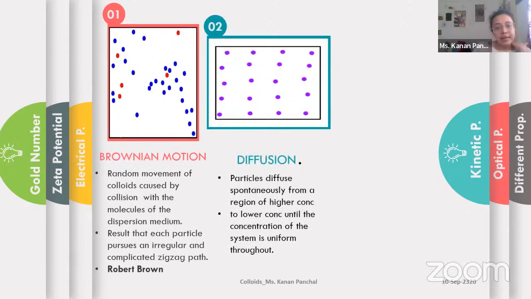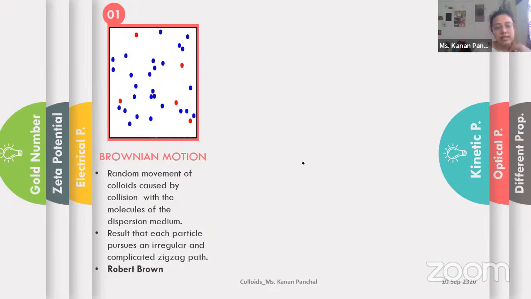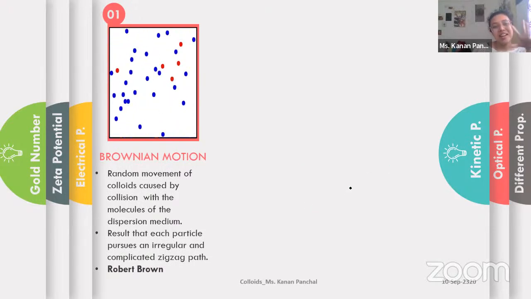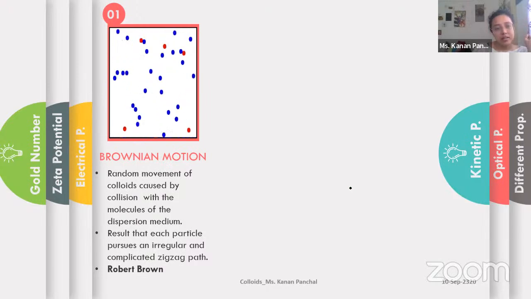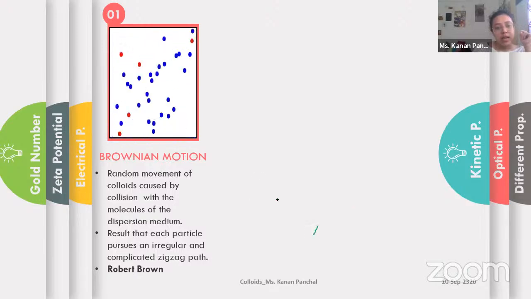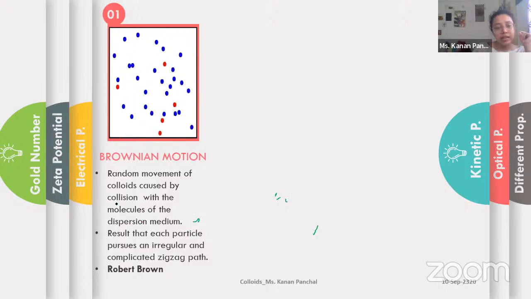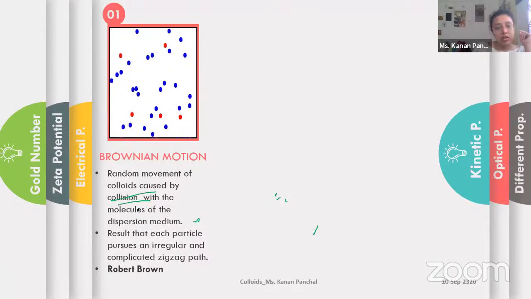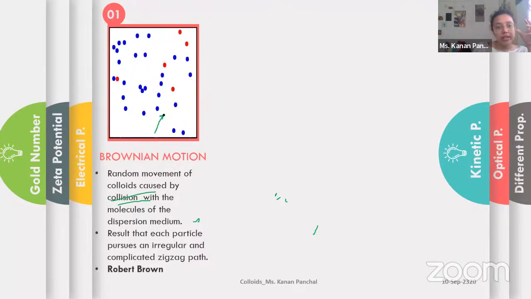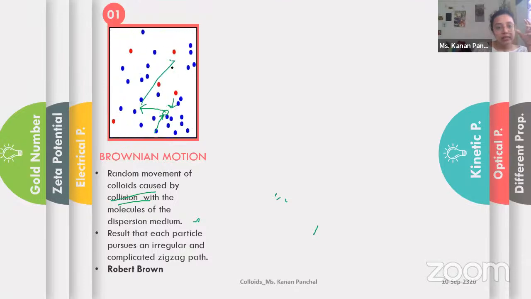Then coming to the kinetic property, which is very easy. We've been studying this for a very long time. First is the Brownian motion, which is the random movement of particles. There's no particular path of the particle, and this random movement is further aggravated by collisions with one another. If a particle is going up and something hits it from here, it will change its path, and again from here it will change its path.